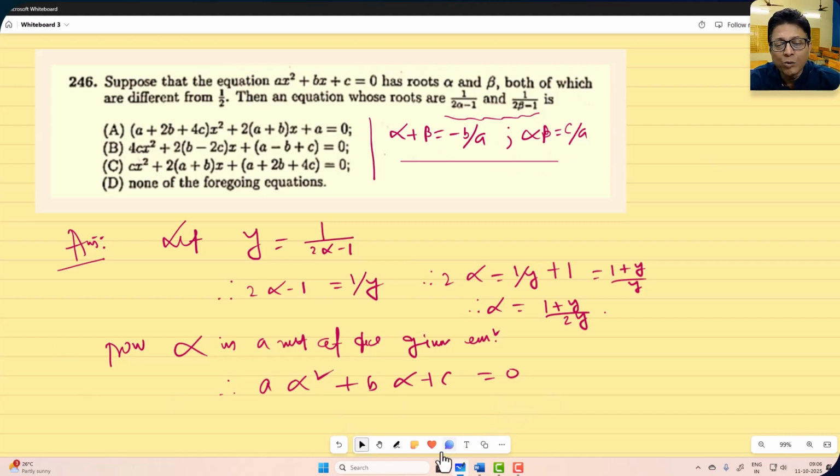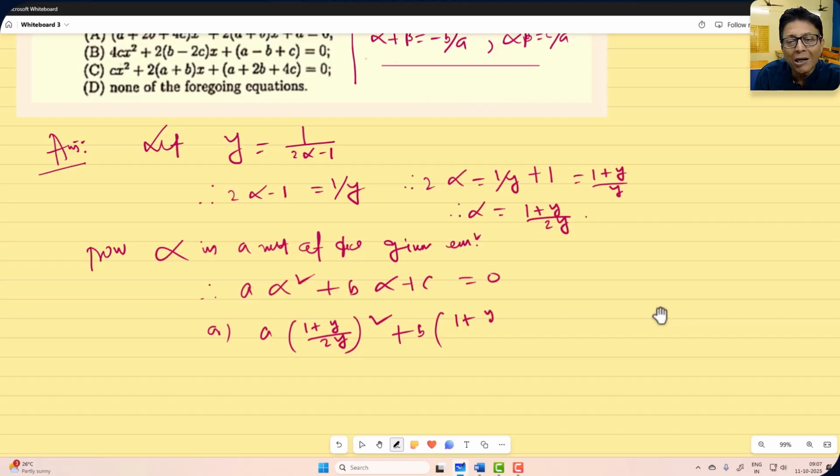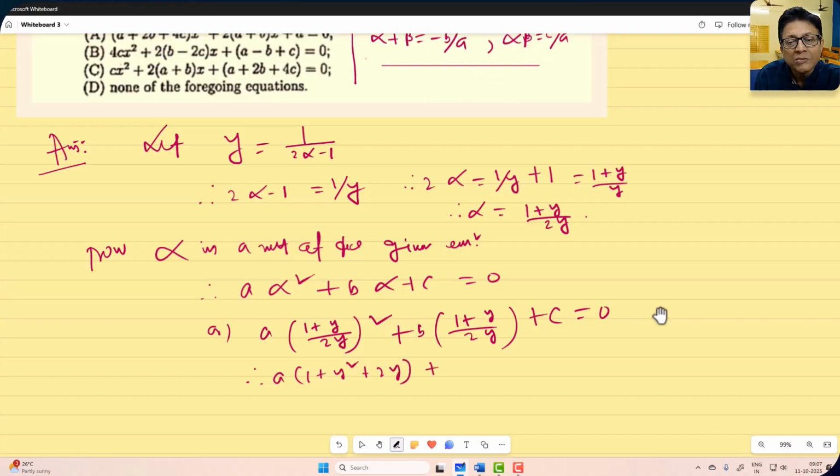Substitute this value of alpha over there: a into ((1 plus y) by 2y) whole square, plus b into (1 plus y) by 2y, plus c equal to 0. This is going to be (1 plus y) square plus 2y, expanding and multiplying by 4y square.